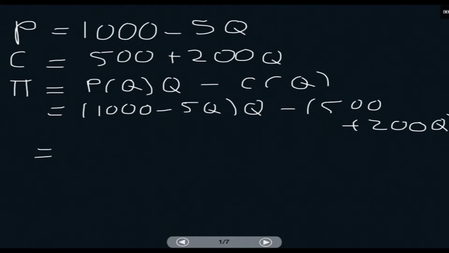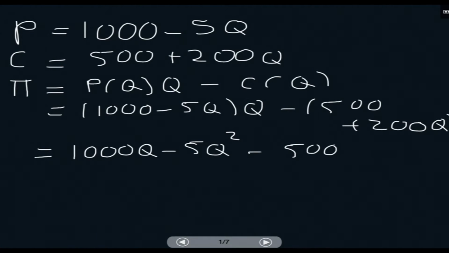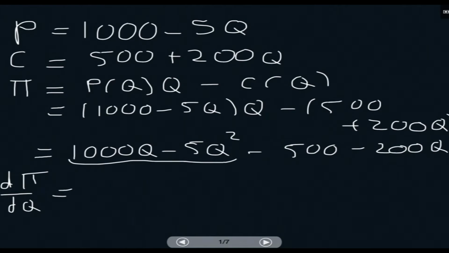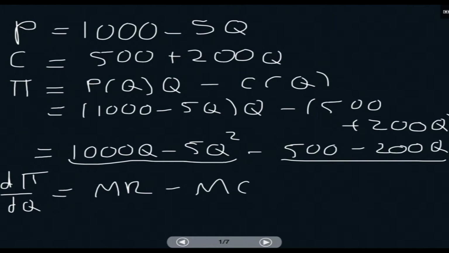Simplifying this down just a little bit, I'm going to get 1,000Q minus 5Q squared minus 500 minus 200Q. So now if we take the derivative of our profit with respect to Q, this represents our revenue, and this is our cost. So if we take the derivative, we're going to get marginal revenue minus marginal cost.